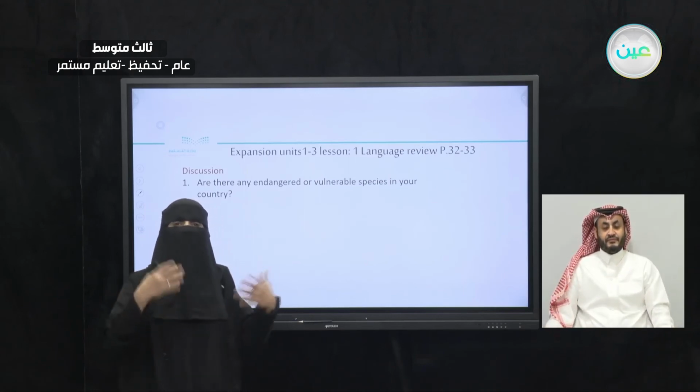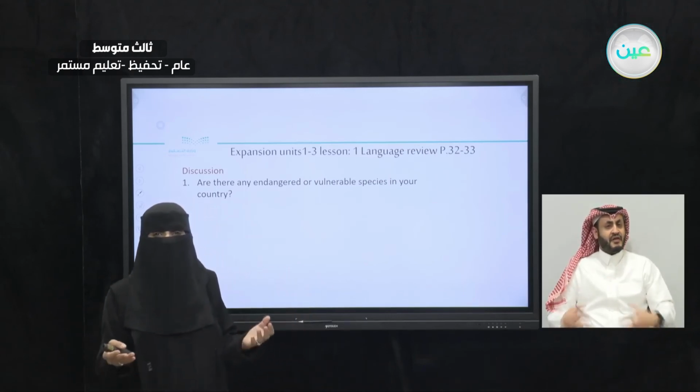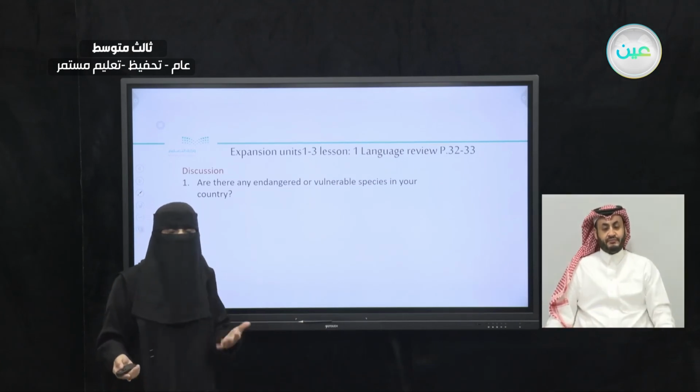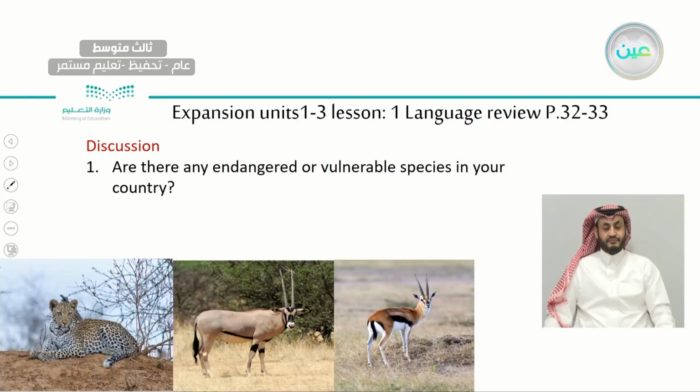So this hunting for fun causes the death of animals, which causes extinction. So these are some of the animals on the brink of extinction here in Saudi. We have the leopard, we have the Arabian gazelle, and these animals are facing extinction in Saudi Arabia.